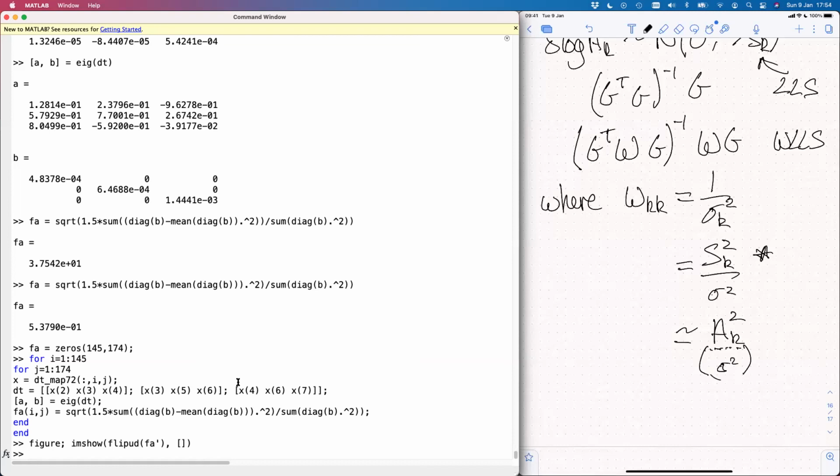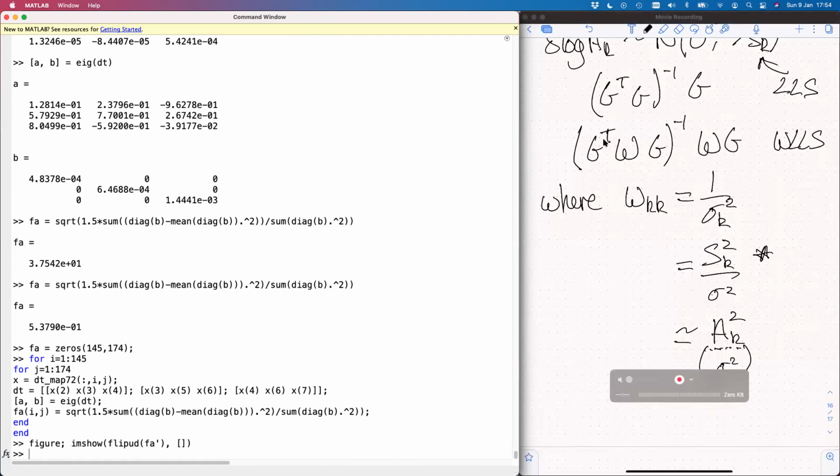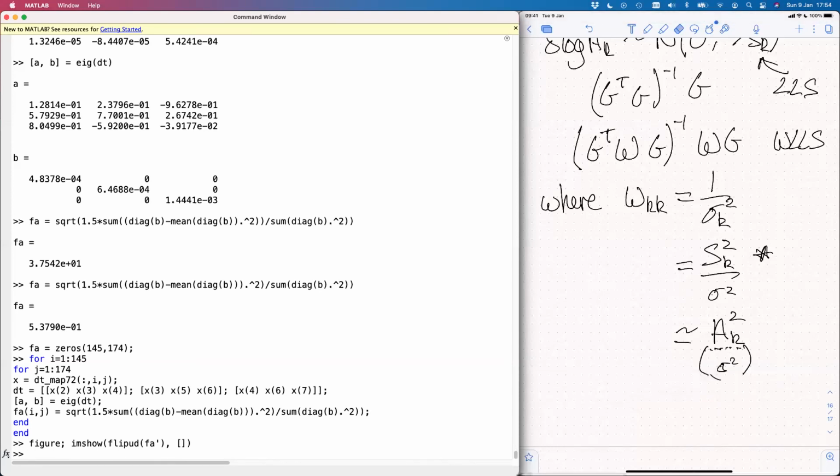We don't know what sigma is for a start, but also if you look back up to this weighted linear least squares equation here, you can see that because sigma is just a constant factor, it actually cancels out anyway because we've got W inverse here and W not inverse here. And so the factor of sigma squared cancels out. So we can just ignore that, and we're going to set our W_kks simply to be the square of the kth measurement.